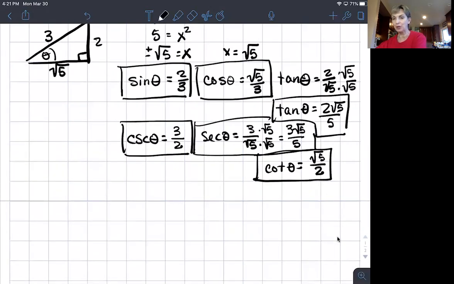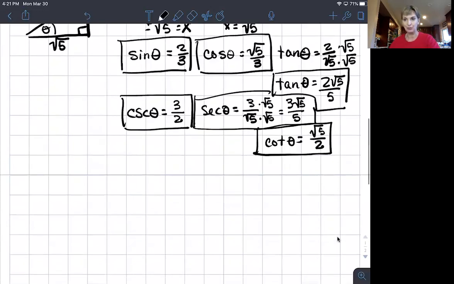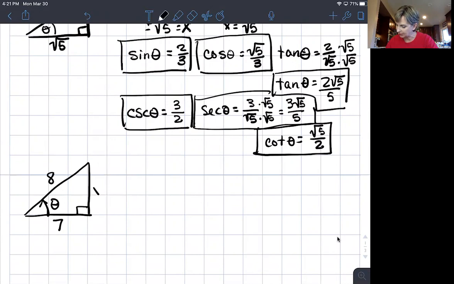Okay, so we're going to give you one more here. I'm going to have you do it, and you're going to push the pause button and do it on your own, and then we'll see if we come up with the same answers. So again, you're going to find all 6 trig functions for this right triangle where 8 is the hypotenuse, 7 is the adjacent side. We don't know that third side. Let's just label it X for now.